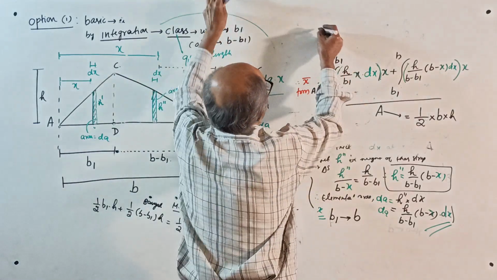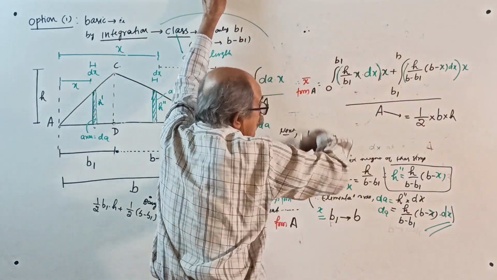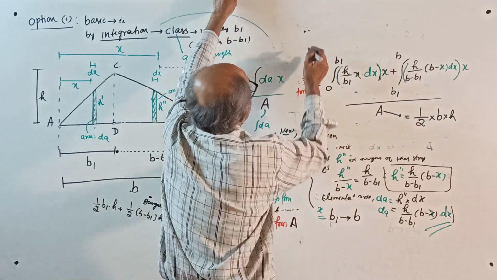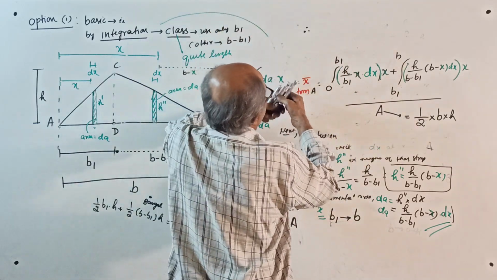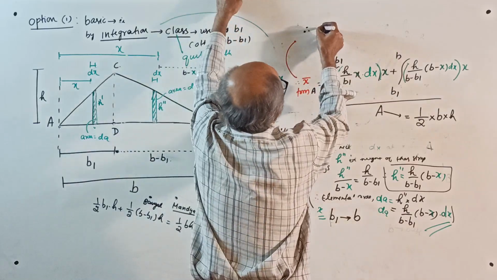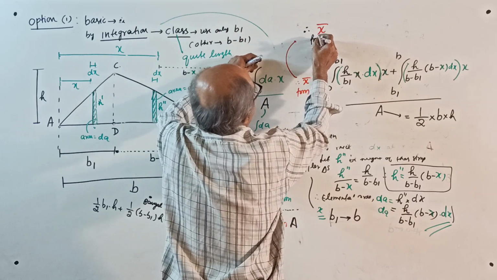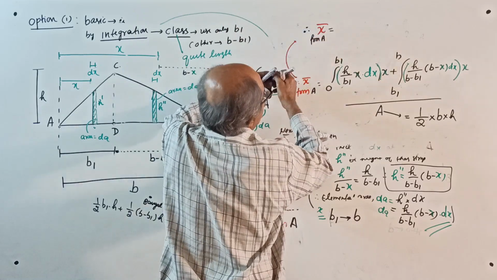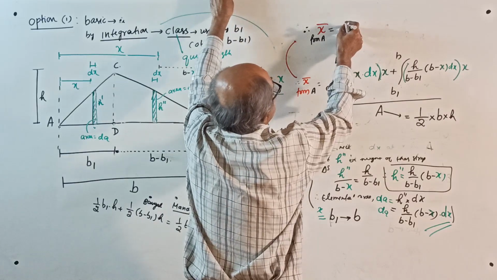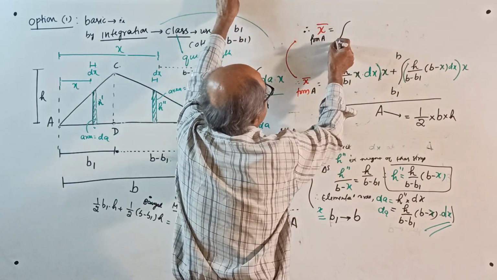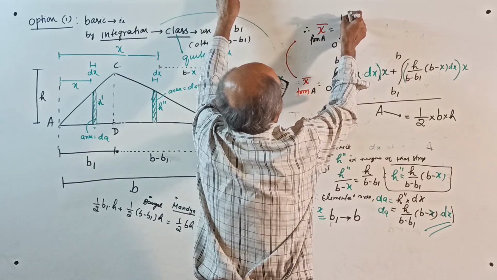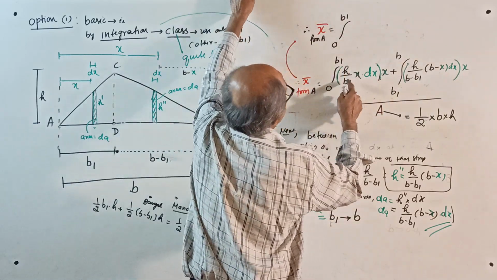Okay. Now, therefore, you should write below. I am writing above because I am removing. I want this one. Therefore, once again I will write here x bar from A equal to integration 0 to B1 of, first I'll do one thing.